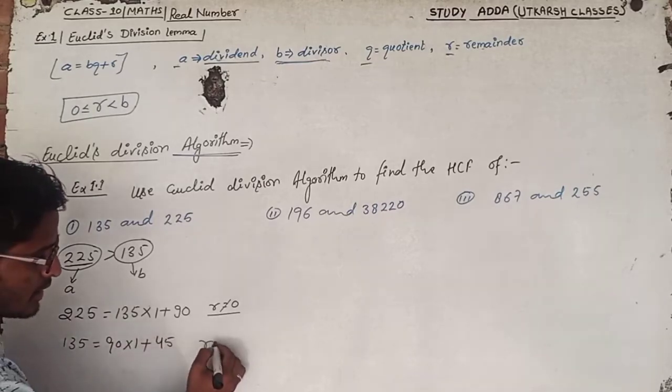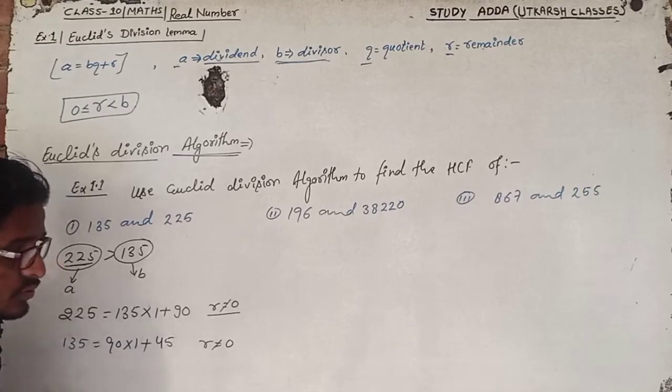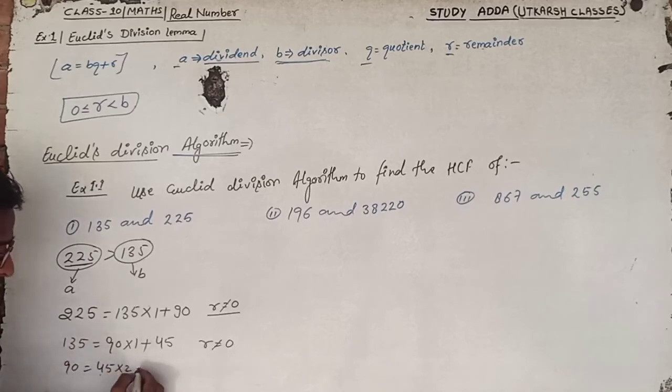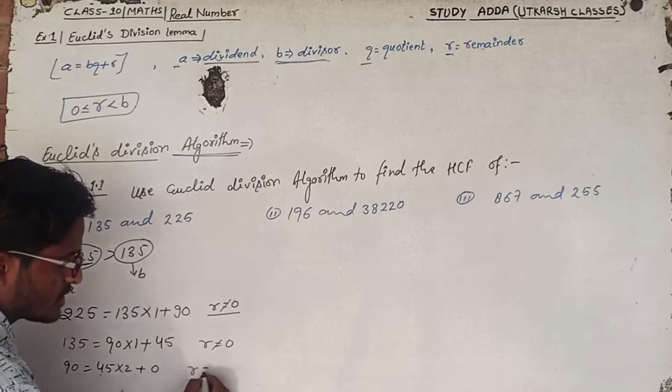Here R is not equal to 0. Then we repeat this step again. Then 90 is equal to 45 multiplied by 2, which gives 90 and leaves the remainder 0. Here R is equal to 0.